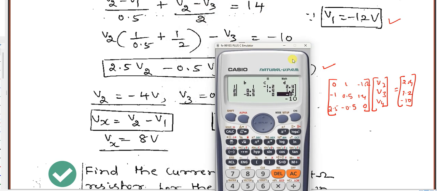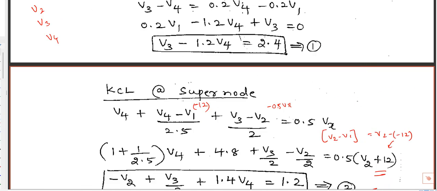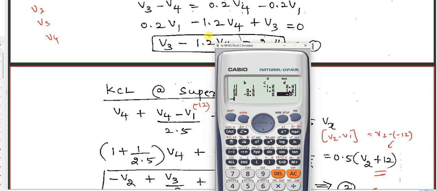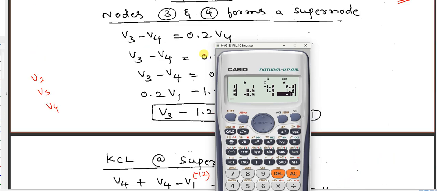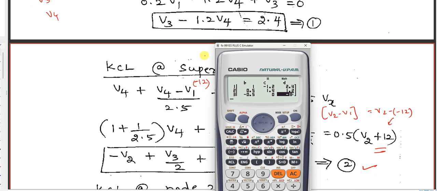I'll check once again. Equation 1, actually the V2 term is not there, 0 should be there. Let me check the answer first.